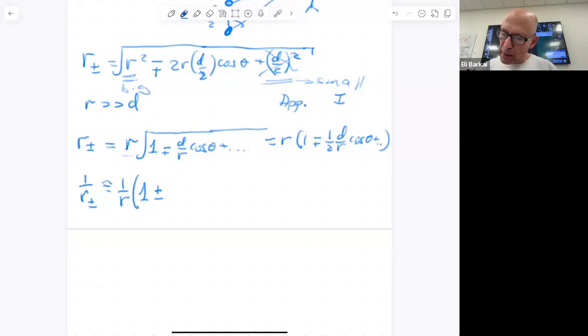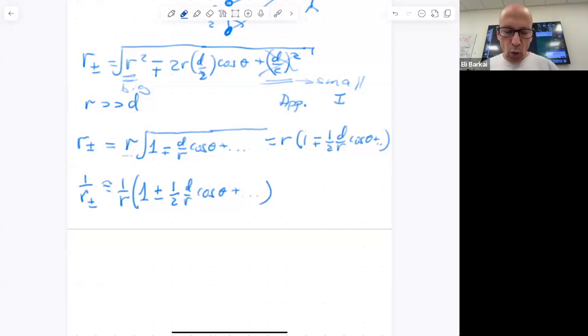So before it was plus minus minus plus, now it's plus minus plus minus. Why? Because I need to have 1 over the square root, and then I expand it, and I get the switch of the signs, and then I get another half d over r cosine theta plus other terms.